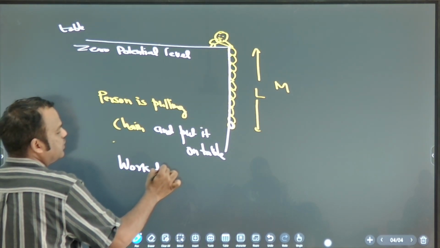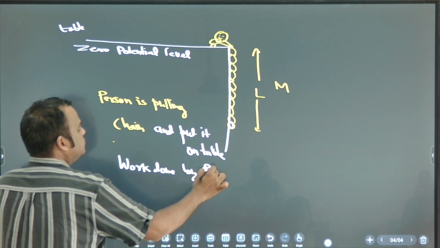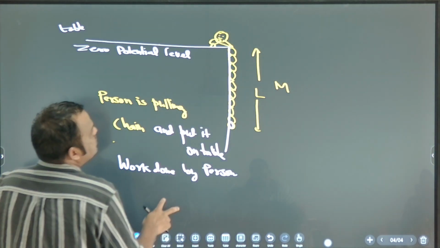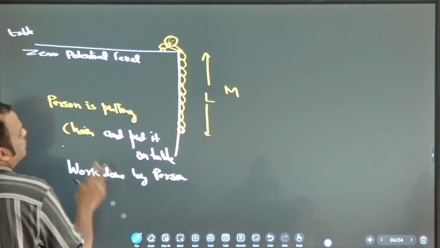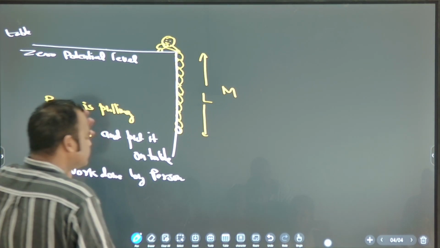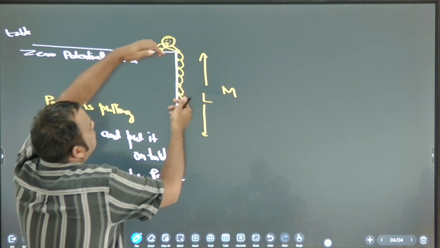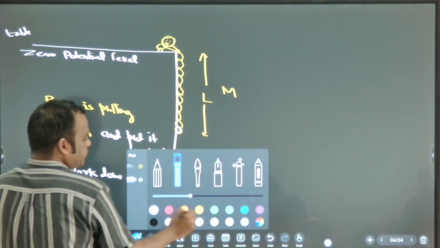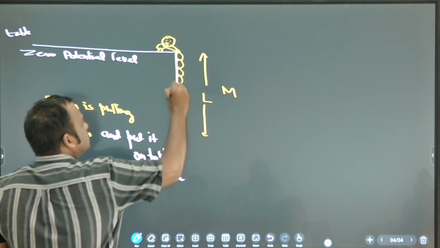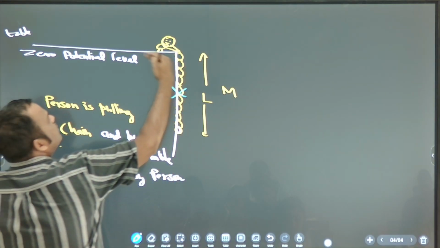So what is the work done by the person? This chain is there. Where is the center of mass of the chain? Here. This is the zero level.